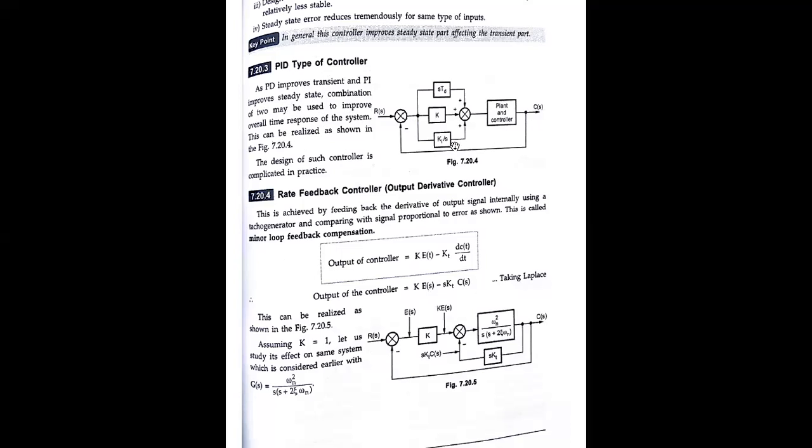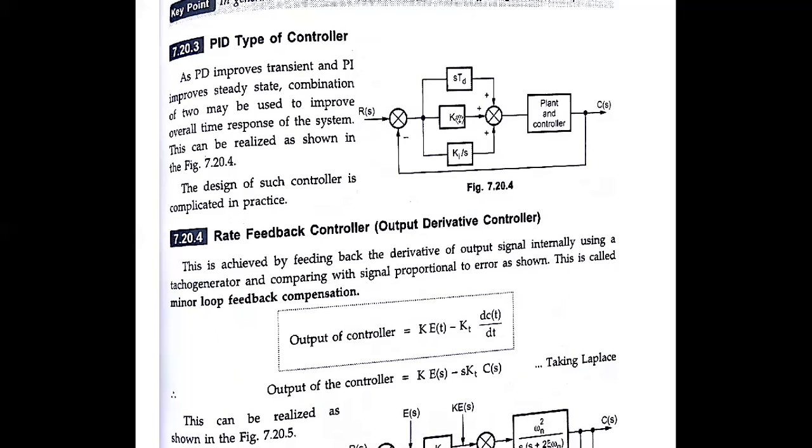This is shown here, where I have one plant. The input is R(S) and the output is C(S), and this section is the combination of the transient response and the steady state response. These three blocks that you see here will improve your performance.